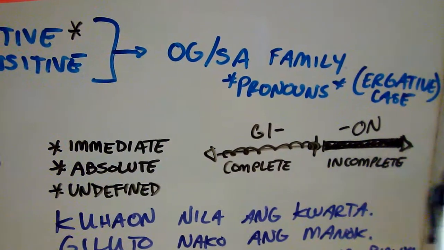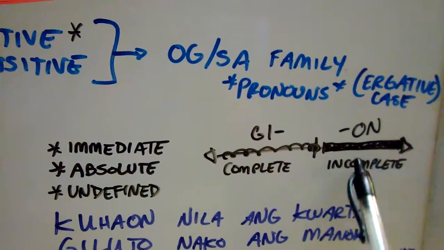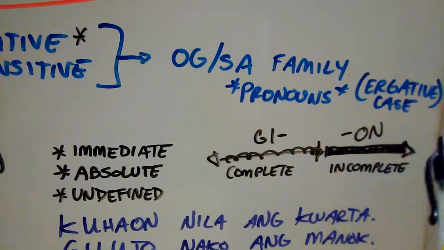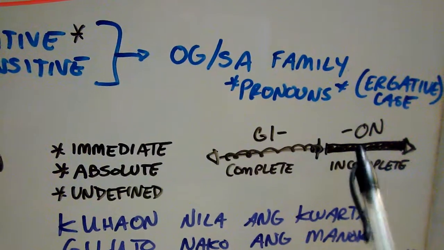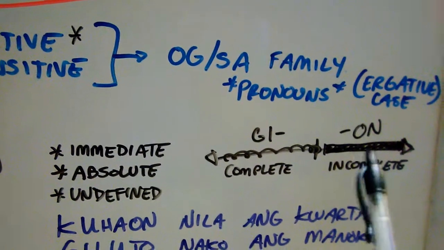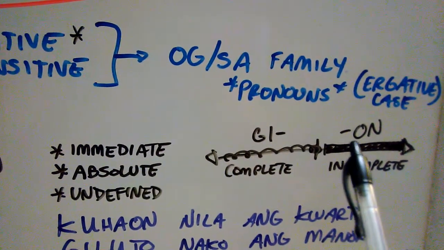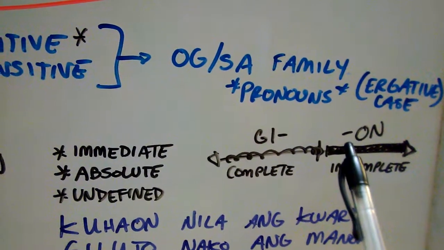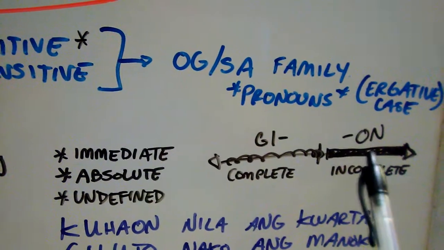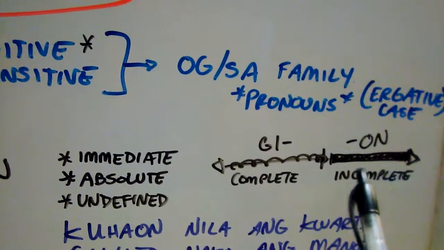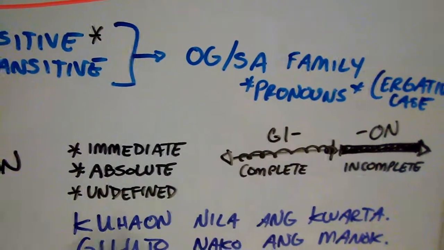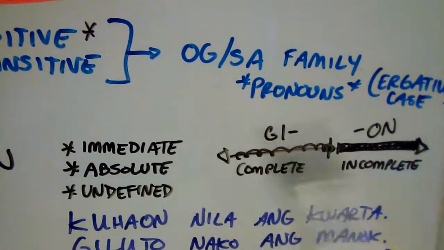We don't know when, but it will happen. And undefined, again, ambiguous. When will it happen? Somewhere in the later future, somewhere in the near future, we don't know. But all of that can be covered with the conjugation of the on suffix. Okay, the on suffix, that affix on, expresses the future, some anticipatory whatever, we don't know.